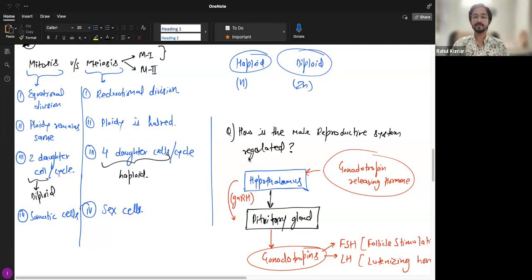So there was a better way to define haploidy and diploidy, apart from just saying that it is half the number of chromosomes or the full number of chromosomes. Do you remember that? Did you note that down? So haploid means one copy of the genome.